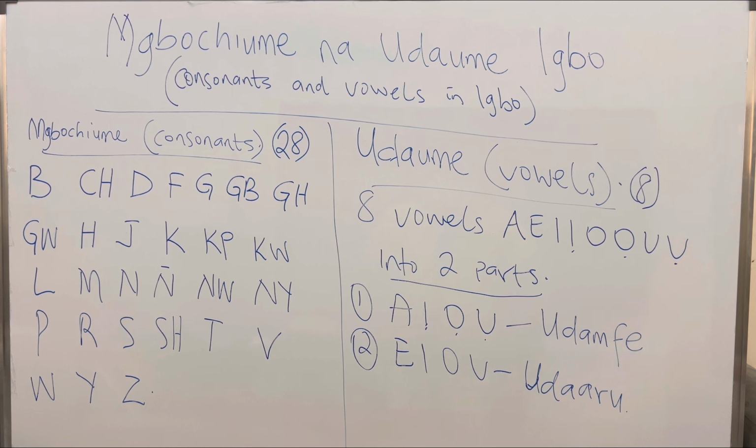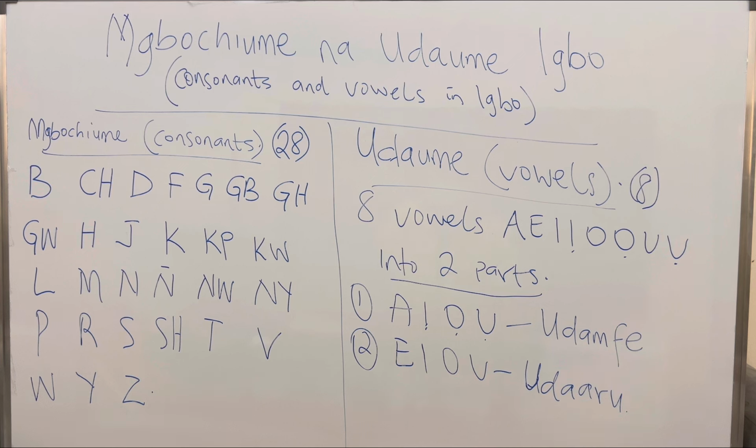We are going to take it once again. Let's go. B, Chi, De, Fe, Ge, Be, Re, Gwe, Hi, Je, Ke, Be, Kwe, Le, Me, Ne, Nye, Nwe, Nye, Pi, Re, Se, Sh, Ti, Vi, Wi, Ye, Ze.